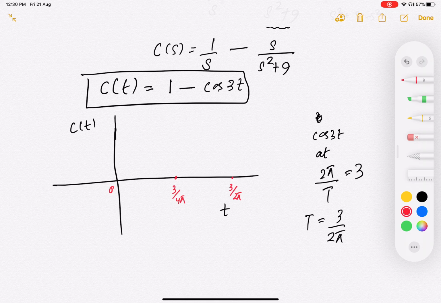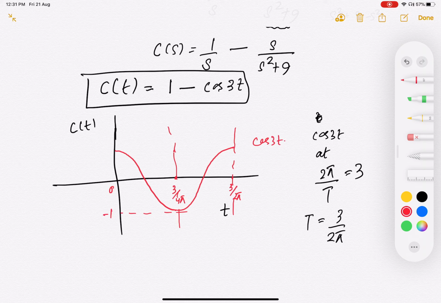So if I want to sketch cos for this, this thing in red is cos 3t.